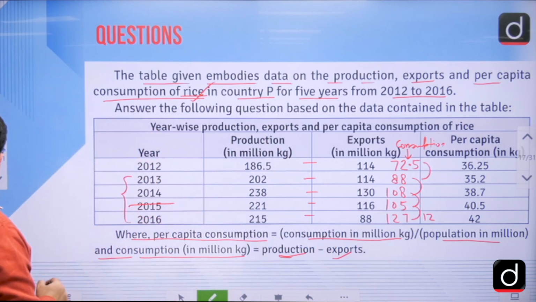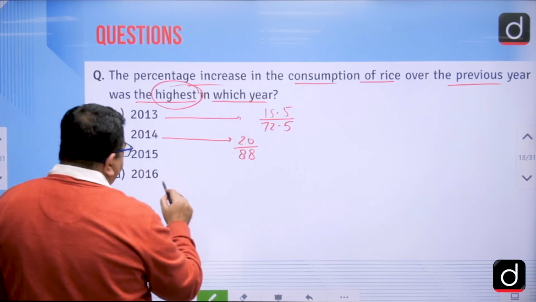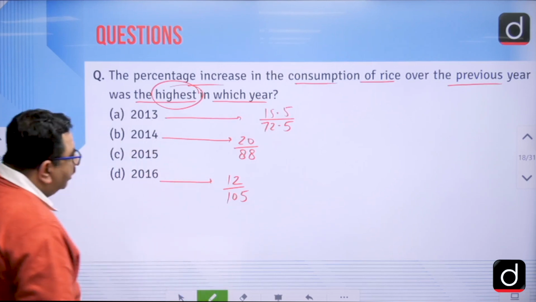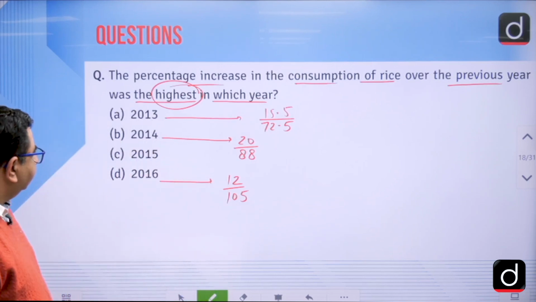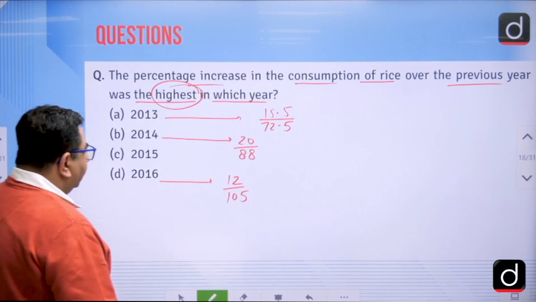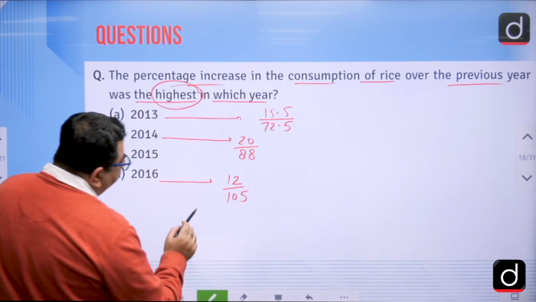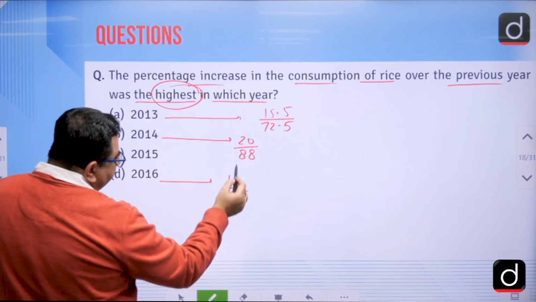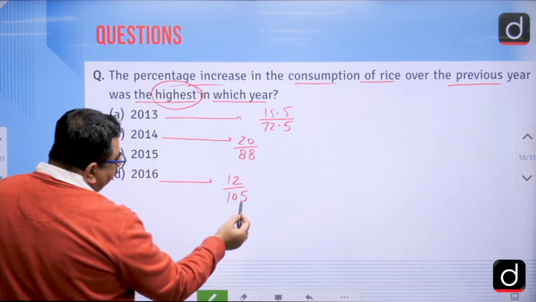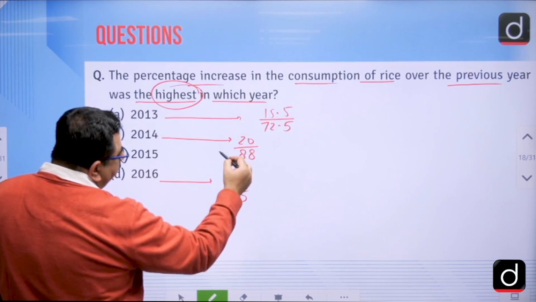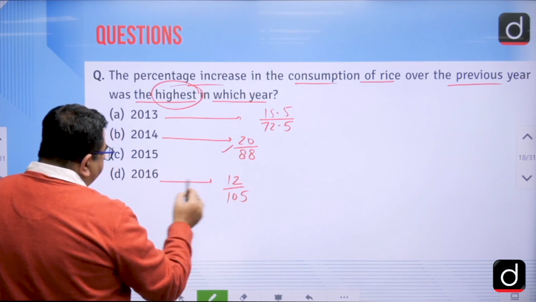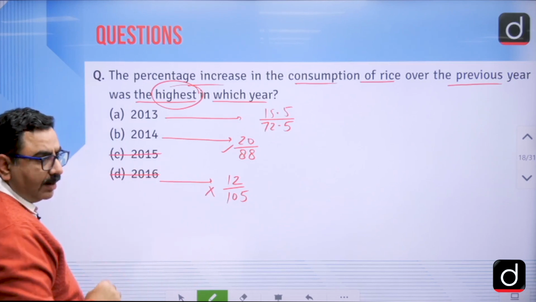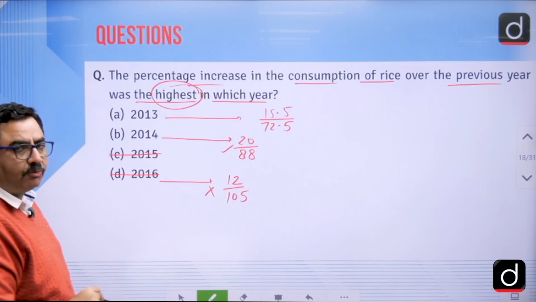Now these are the three ratios we need to compare. If you compare these two ratios, it is very simple: the numerator is lesser and the denominator is more, so obviously out of these two, this would be greater. So this also cannot be my answer. So 16 and 15 cannot be my answer. My answer would be either 13 or 14.